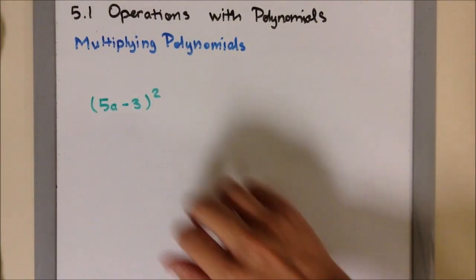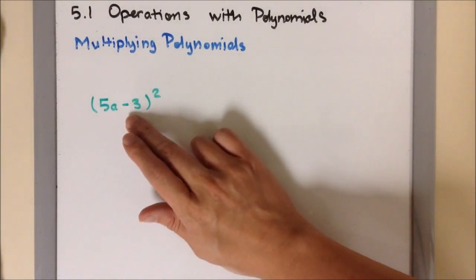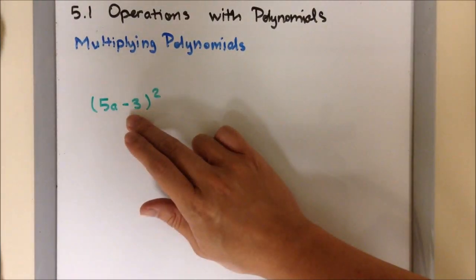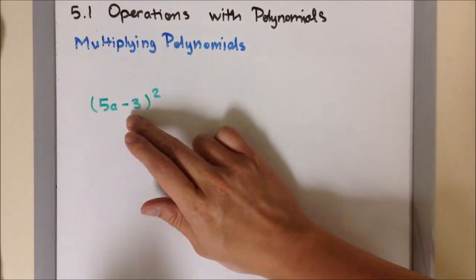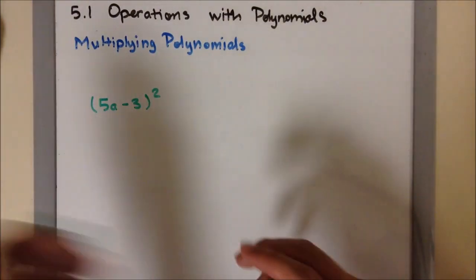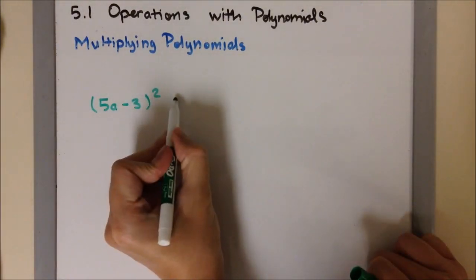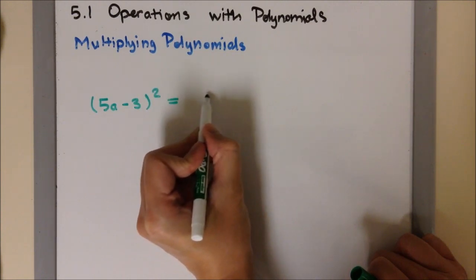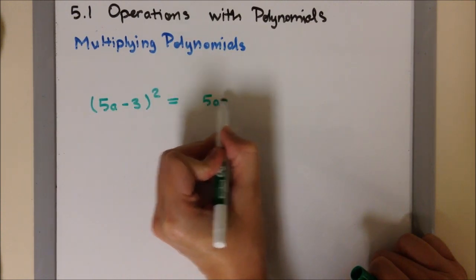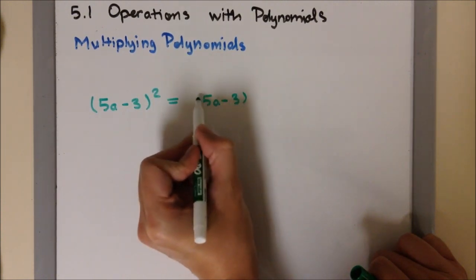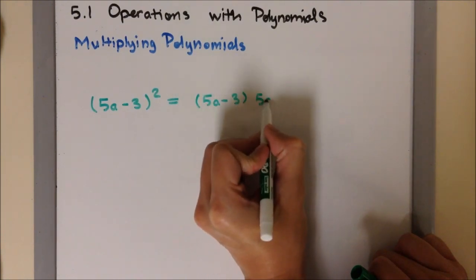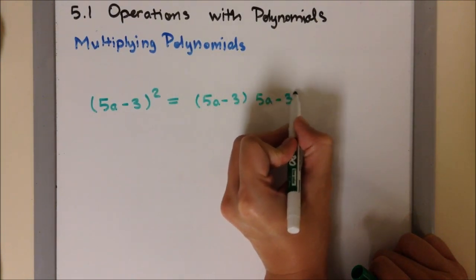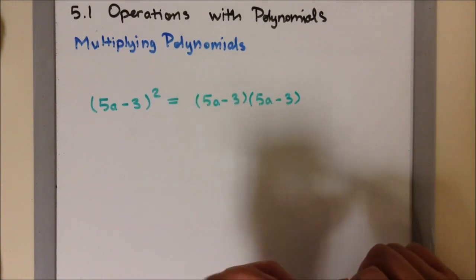In this next example, we have the square of 5a minus 3. So when you have the square of 5a minus 3, I'm going to rewrite it. So it basically means that you're going to write the inside, 5a minus 3, 2 times with parentheses. Just like that.